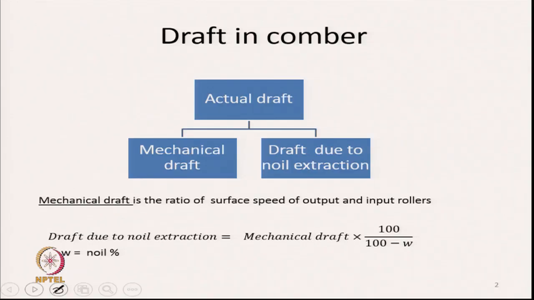Now, mechanical draft, as you all know, is the ratio of surface speeds of the output and the input rollers, and the draft due to noil extraction is always the mechanical draft that we get into 100 minus W, where W is the noil percentage that we get.